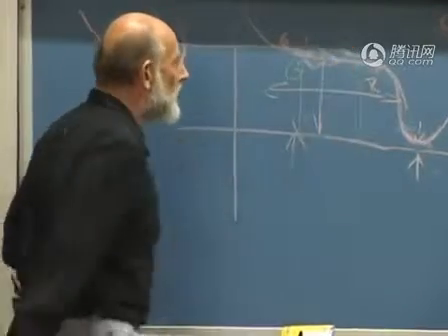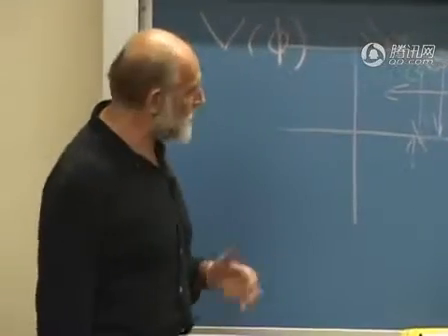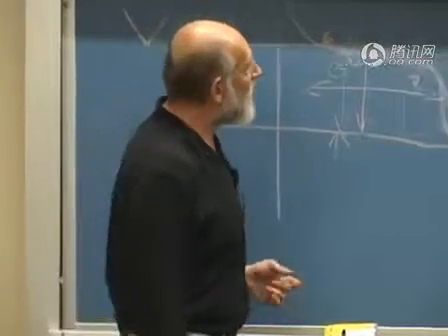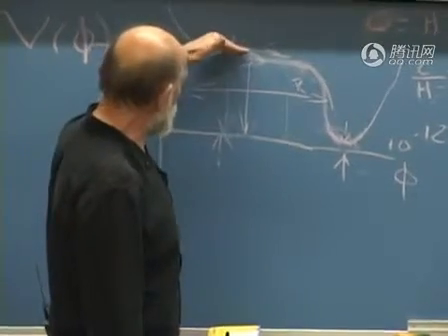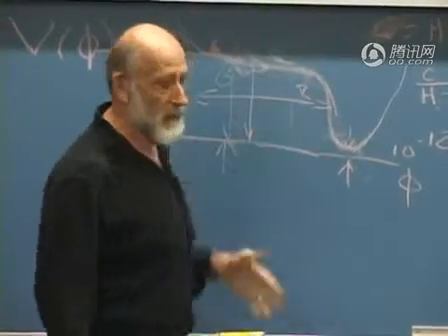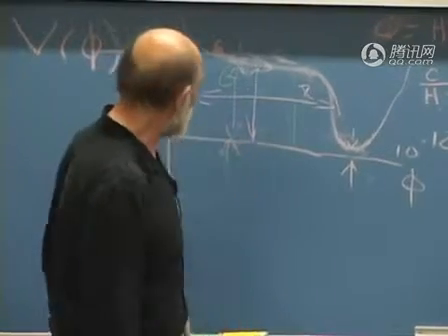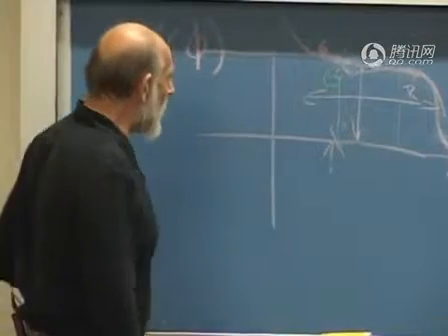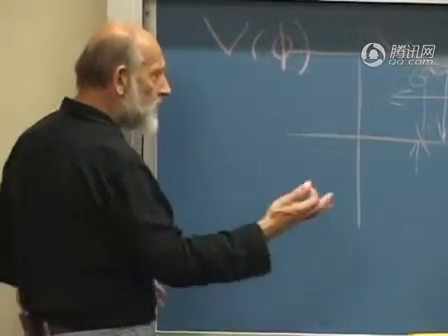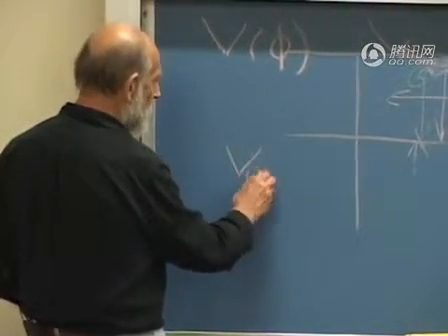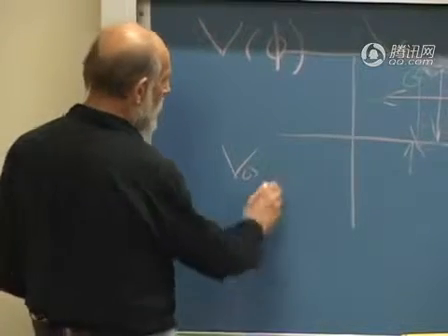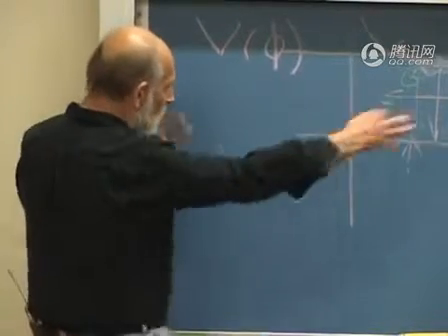The slope comes in a prominent way because the smaller the slope, the slower the field moves, and the slower it moves, the bigger the fluctuations. These are three parameters: the height, let's call it V naught, the slope of it, and the width of it, delta phi.